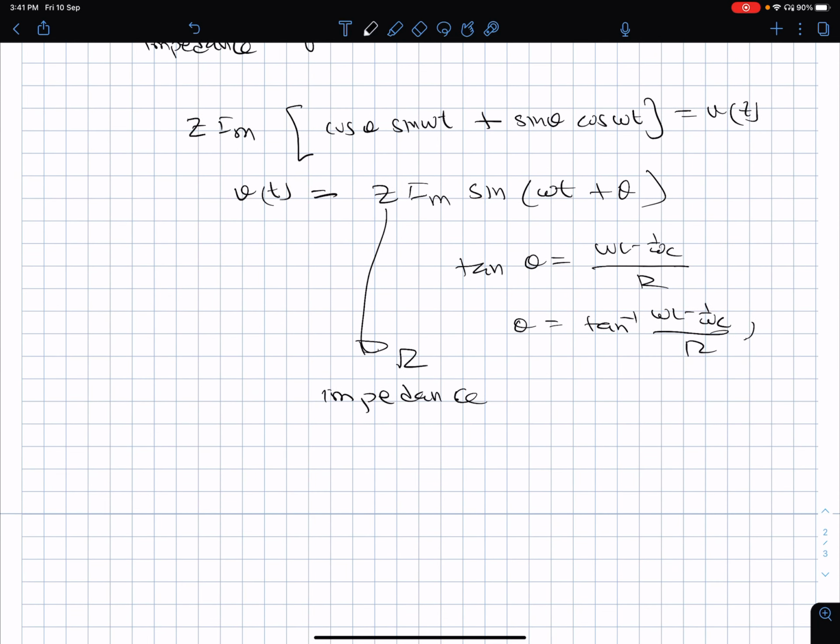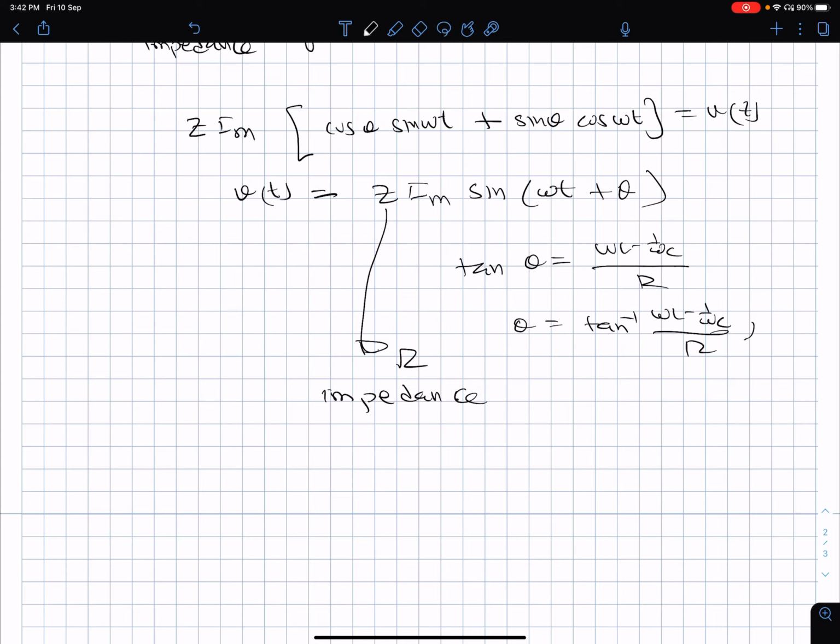So you got V of t equal to Z I_m sine of omega t plus phi plus theta. So a phase shifted waveform, same voltage kind of waveform, phase shifted by theta and scaled by the impedance. So you are seeing some hints of generalization of Ohm's law for sinusoidal circuits, but so long as we are using time domain presentation, it's not very obvious.